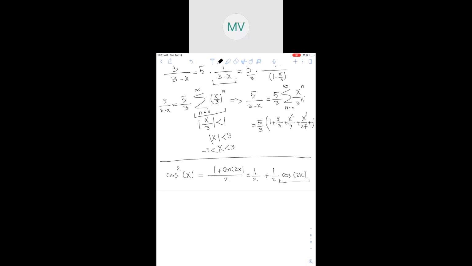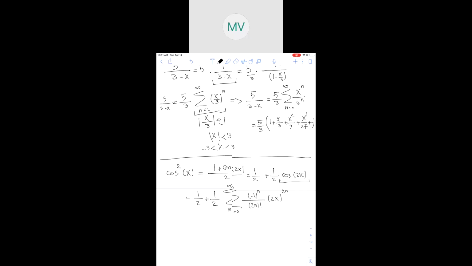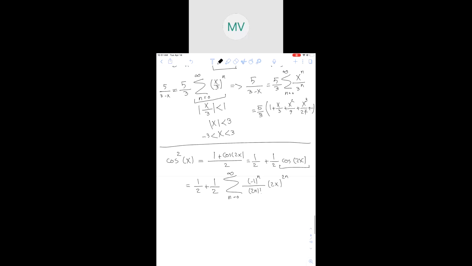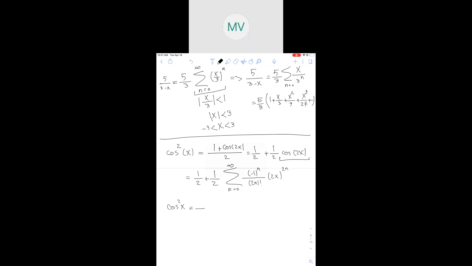Well, we know the Maclaurin series for that one. That's half plus half. All right. So if you can recall, it was -1 to the n over 2n factorial, and then the argument raised to 2n. Well, the argument here is 2x. And I can rewrite it. So cosine square of x is half plus half times the sum of -1 to the n, and if you want, you can rewrite this as 2 to the 2n, x to the 2n.